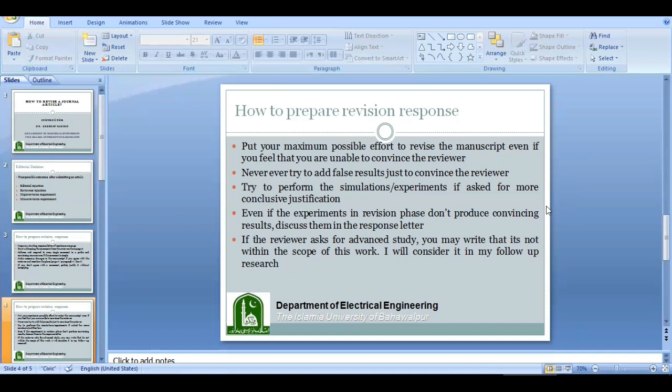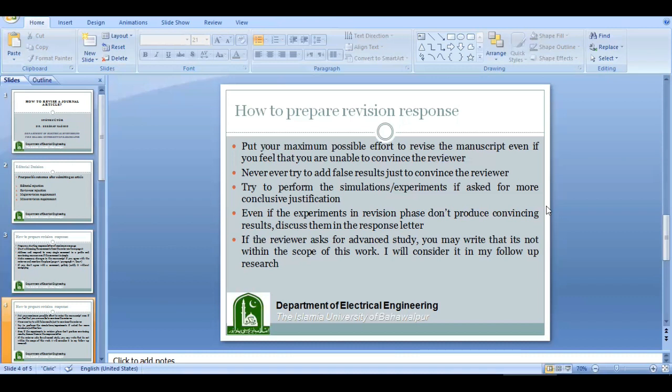They are actually asking such questions just to increase their knowledge, or it is possible that the reviewer might be stuck in his own research at that point, and he may put a harsh comment on your manuscript just to enhance his knowledge and get answers to the questions he has from his research.